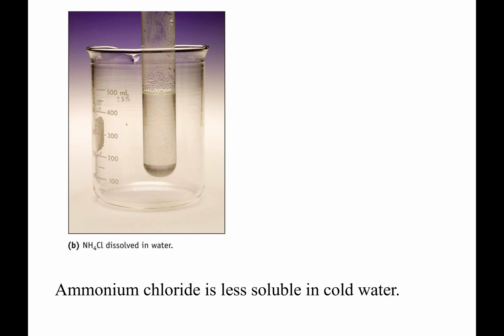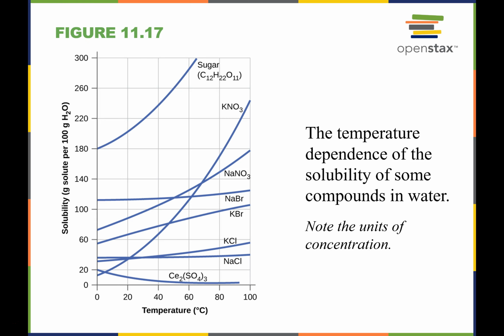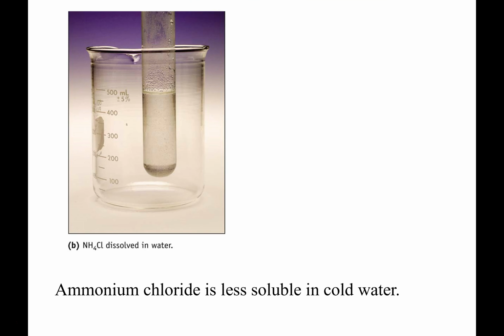Okay, so this is in room temperature. We see this ammonium chloride. It's dissolved in water. Let's go back, find ammonium chloride. Let's see it on here. Oh, there's sugar. Anyway, so go ahead and cool it down.